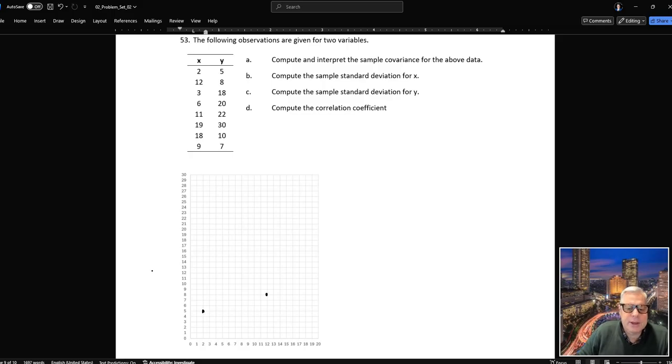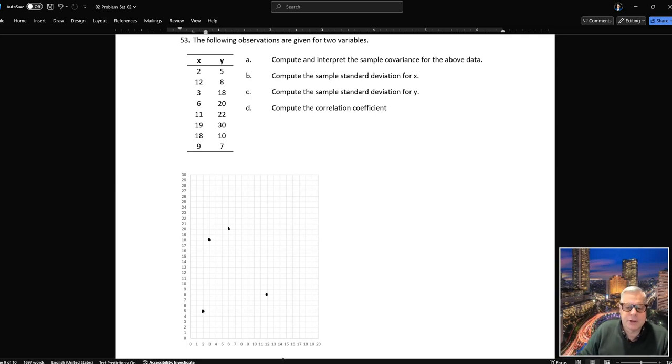Then we have a 3 and an 18, that's here. Then we have a 6 and a 20. That is here. 1, 2, 3, 4, 5, 6.